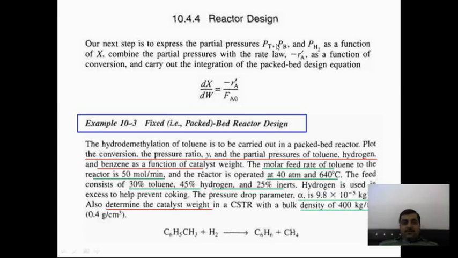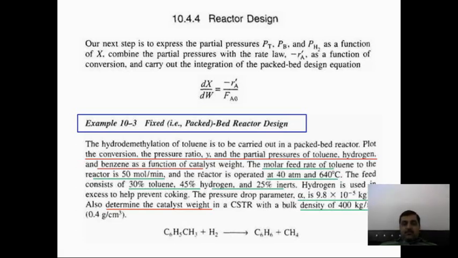We have all the partial pressure equations with us, which are going to relate using this, where dX by dW is minus Ra upon F0. Now to go for this reactor design, we'll have a quick look at example 10.3, where a fixed bed reactor design has to be done. That will end our complete process.